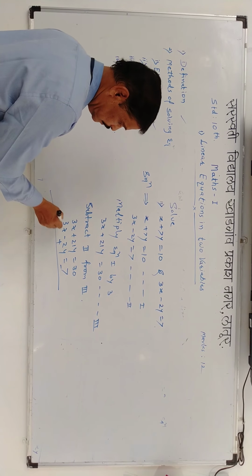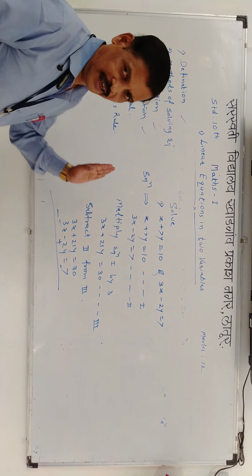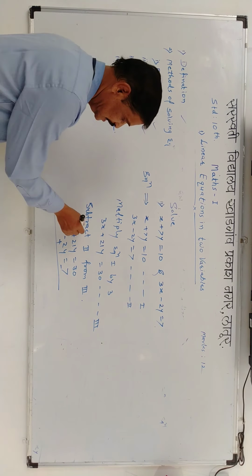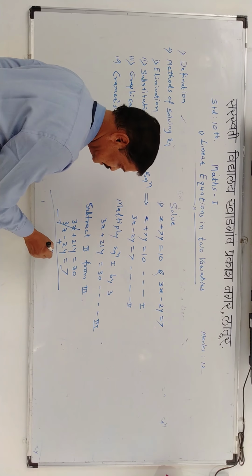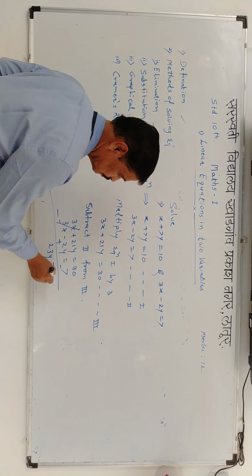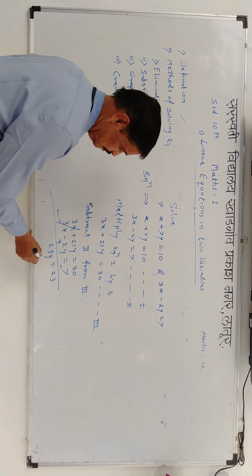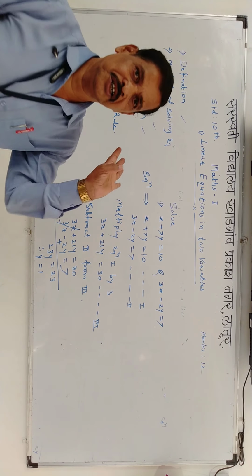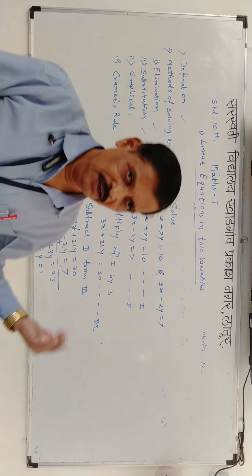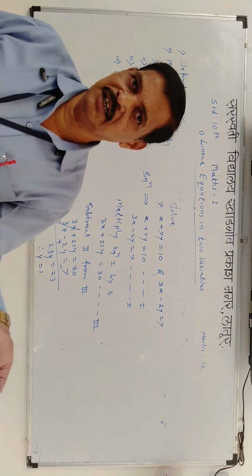Now 3x minus 3x means the x term becomes 0, and in this case 23y is equal to 23. It means that y is equal to 23 divided by 23. We get 1.